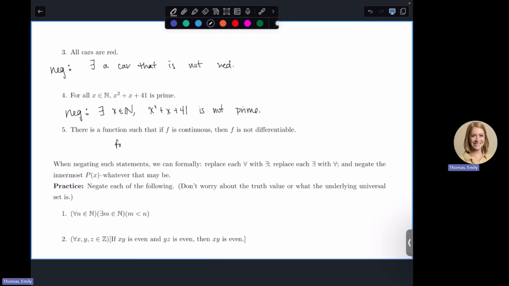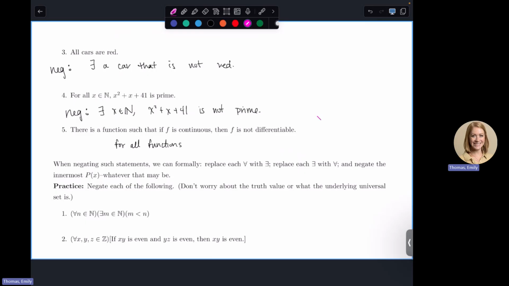Functions such that f is not continuous. Nope. Careful. It's the other way around. Well, don't worry about that right now.